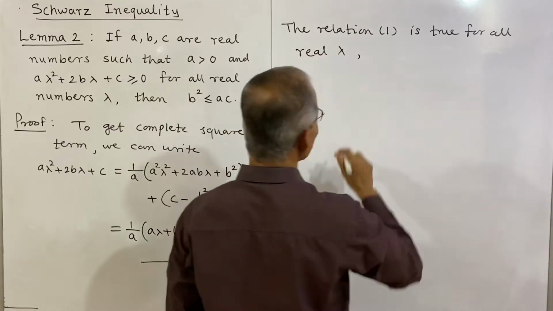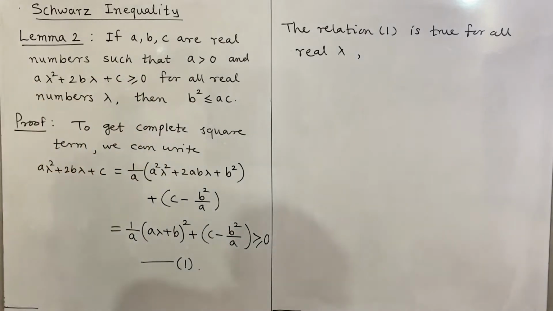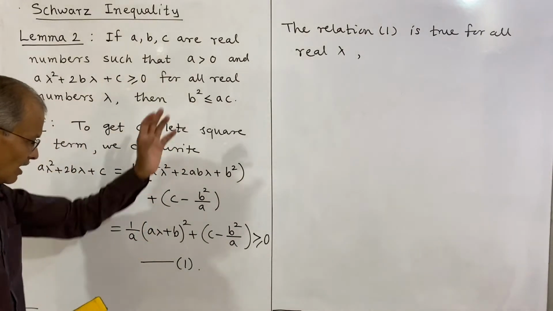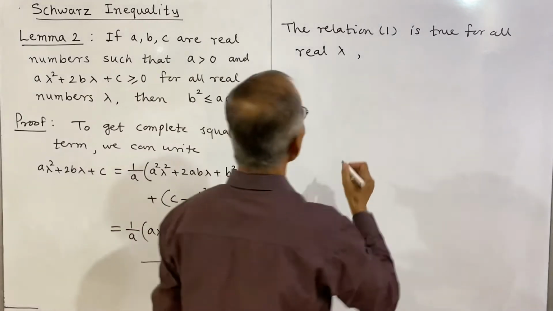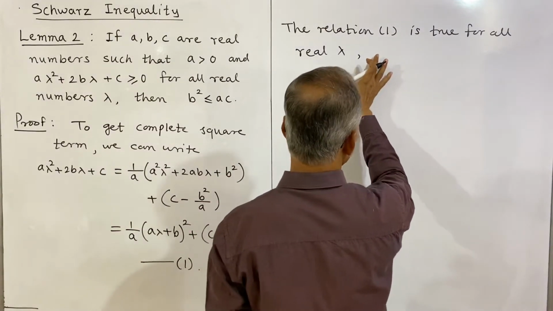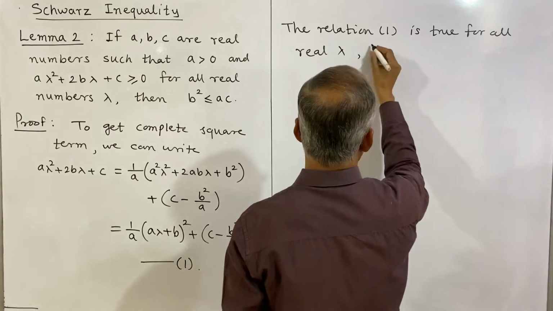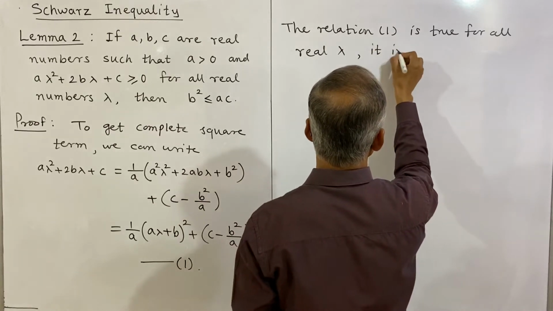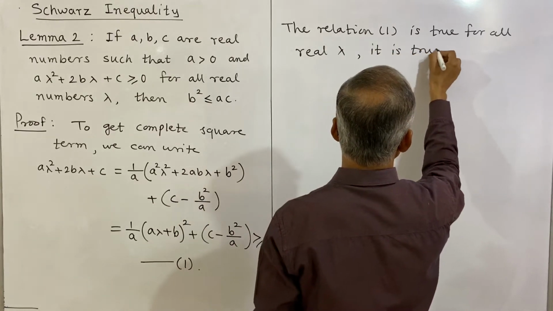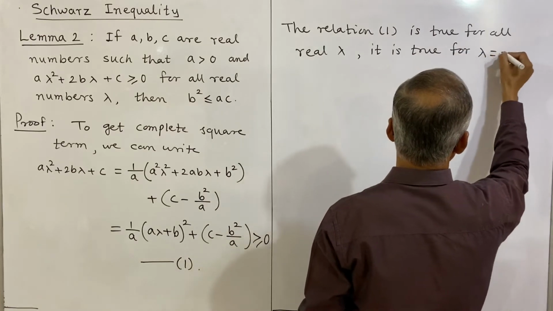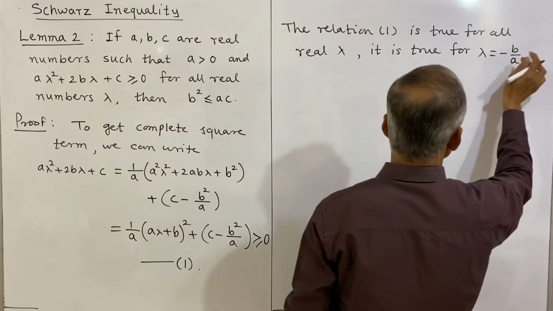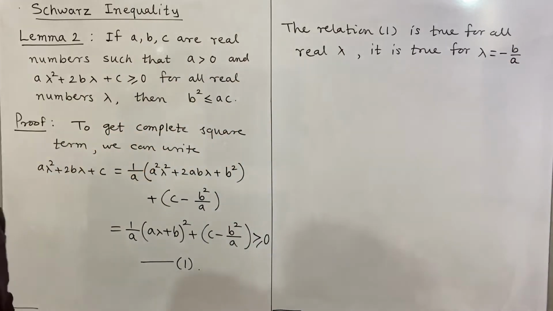Therefore, it is true for any particular value, and that value we should select as lambda equal to minus B upon A. In particular, it is true for lambda equal to minus B upon A.